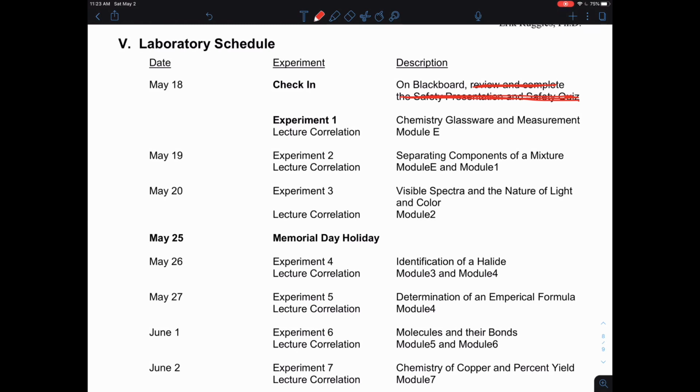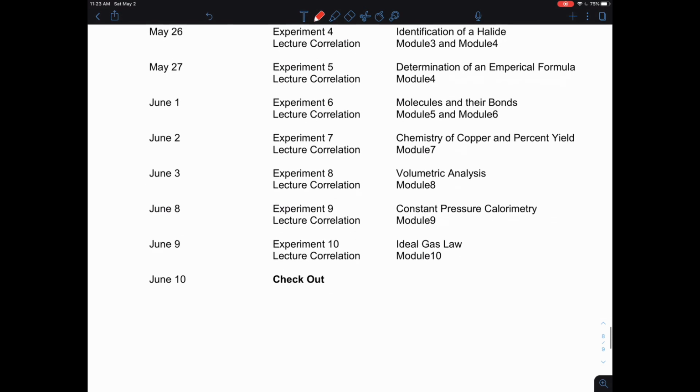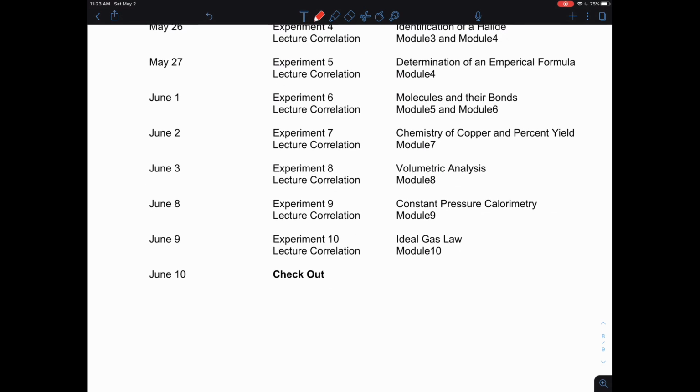And then I try to put a lecture correlation underneath that to help with how this lab is coordinating with the lecture material that we discuss. And that goes throughout the semester till roughly around June 10th, although June 9th would really be the last day of lab, to be honest.